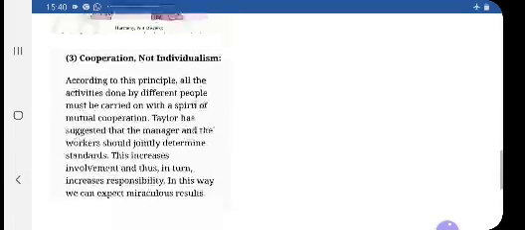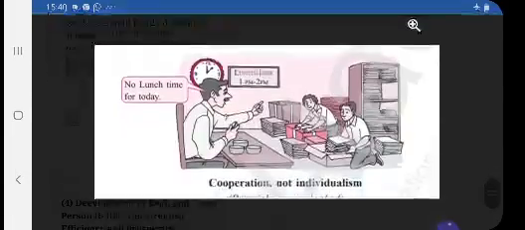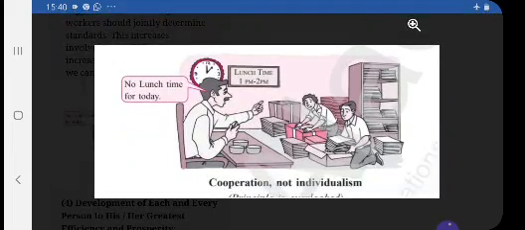Now see this picture. Here the boss is just scolding his workers: no lunch time for today. That means what? He is not giving importance to the workers. He is just showing his bossism, that whatever order I am giving, you have to follow.